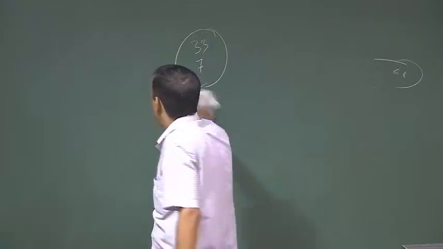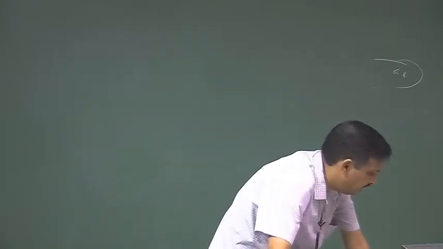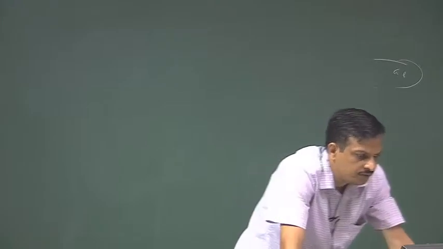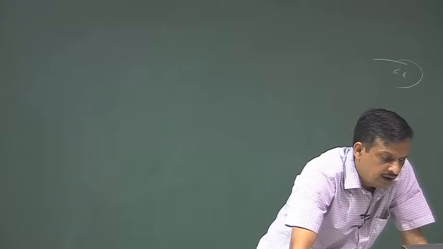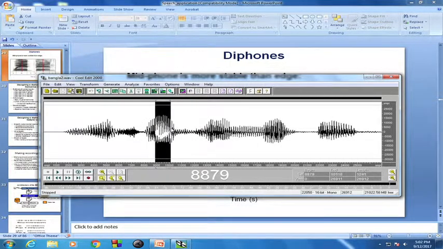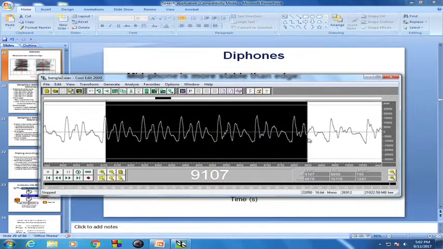So, how is it recorded? I can show you here, suppose I open a waveform here. If I cut the waveform here, some erroneous result may come. If you remember, I said the steady-state vowels are more or less the same. If I zoom into this portion, you see the vowel periods look the same.